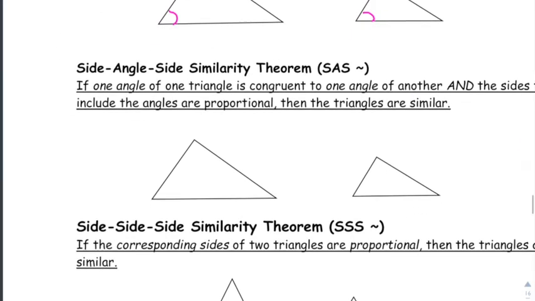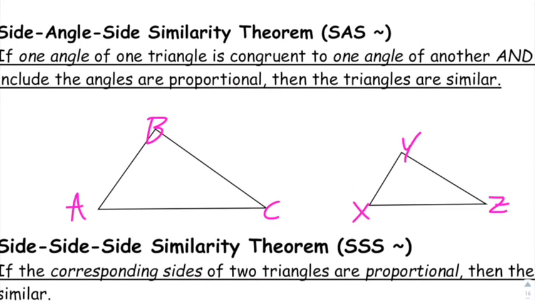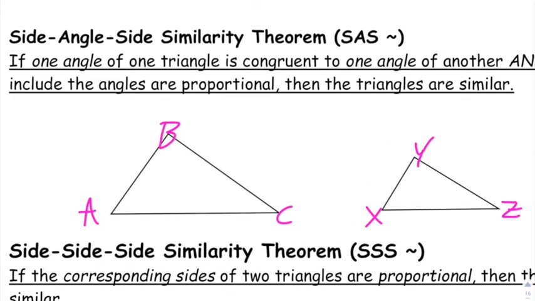Now, side-angle-side looks a hair different. To help myself, I'm going to label these ABC and then X, Y, Z. For side-angle-side similarity, it's a weird way to mark it.